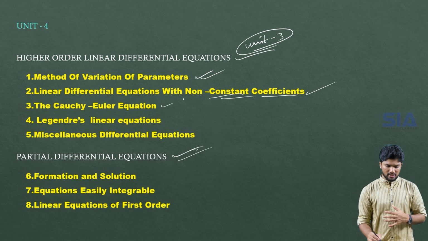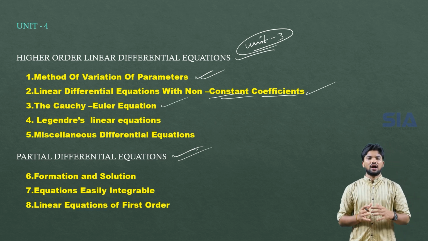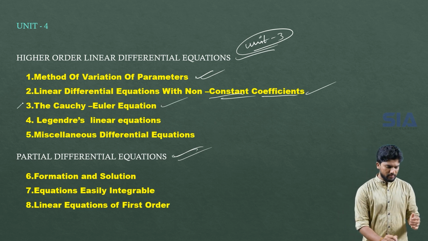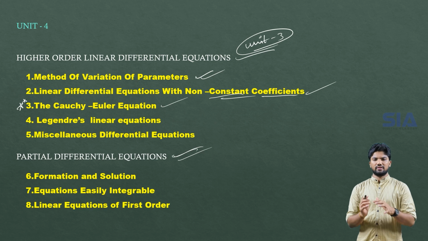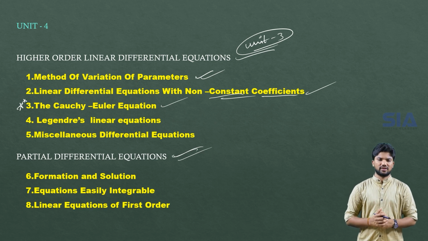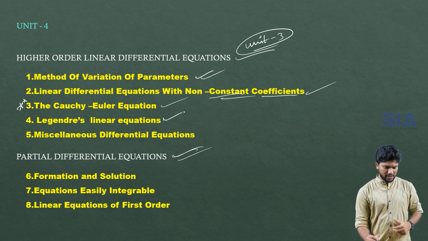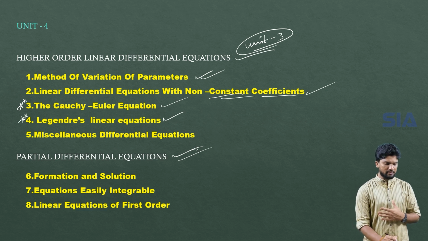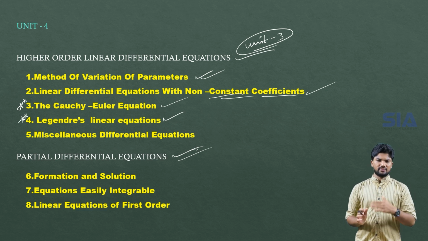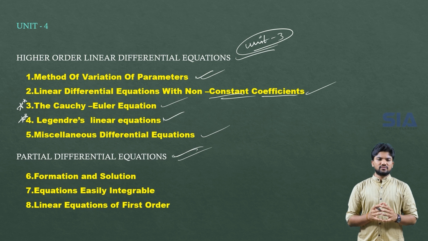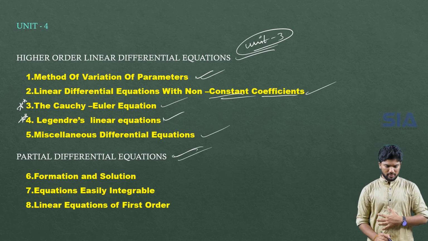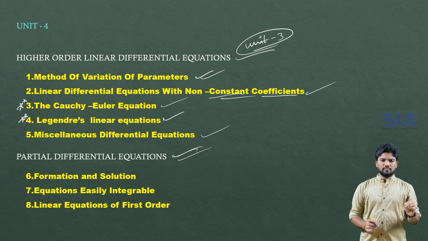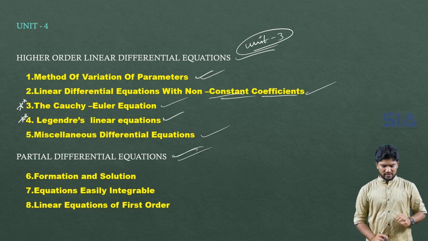Third, the Cauchy-Euler equation, a very important topic from this unit. The next important topic is Legendre's linear equation. Especially for the derivation purpose, this Legendre equation is very important. The fifth topic is miscellaneous differential equations. So these 5 methods are in higher order linear differential equation.